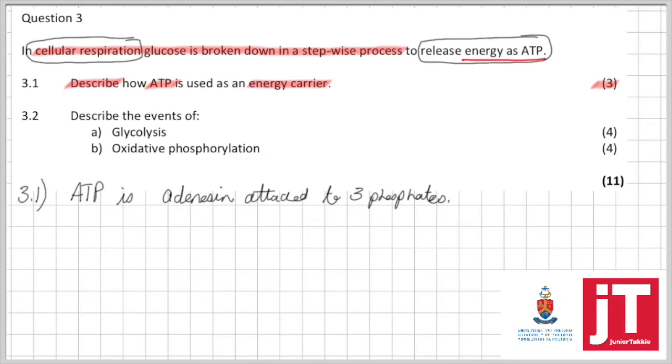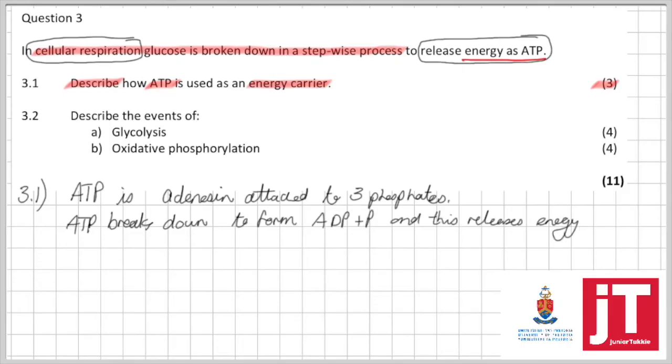Now, in ATP, the energy is held between the adenosine and the phosphates. So in order for it to release that energy, ATP is broken down to form ADP, which is a diphosphate molecule, and a free phosphate that has now been broken free. And in this process, energy is released through the breaking of that bond. That's where the energy comes from.